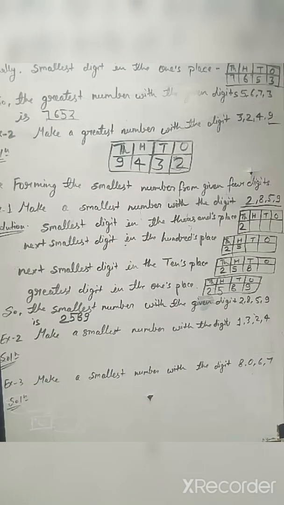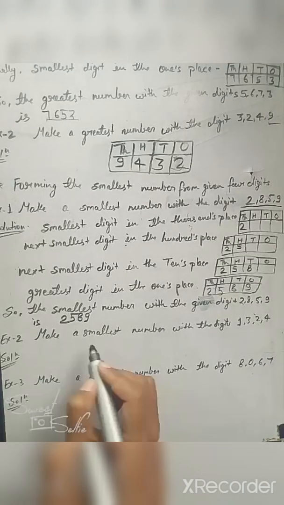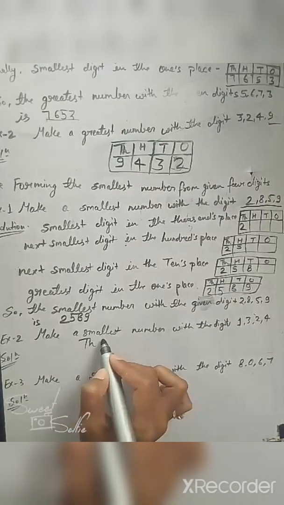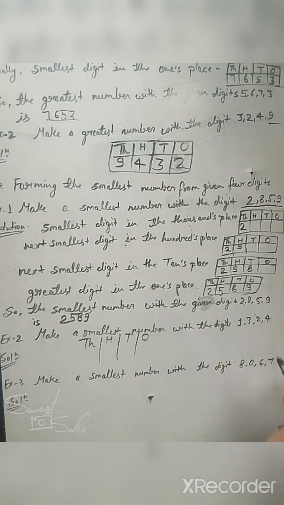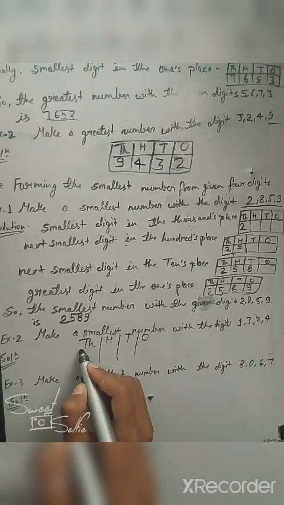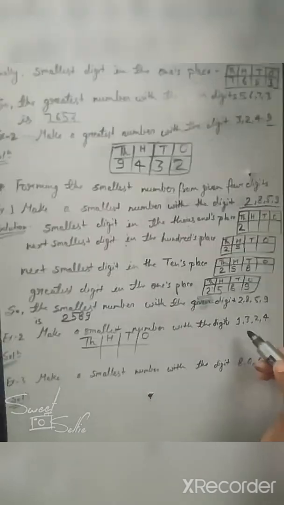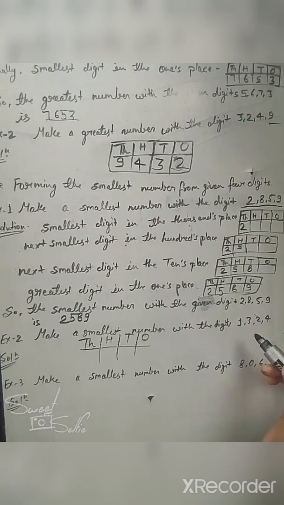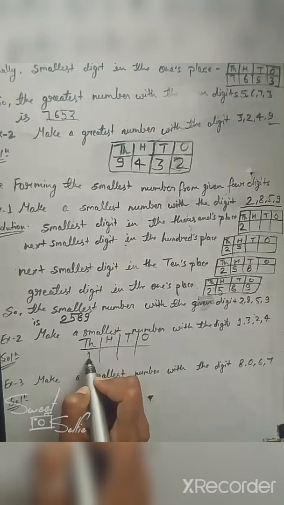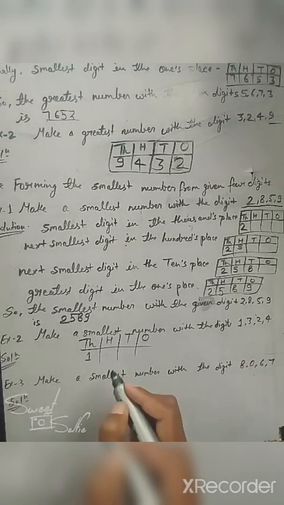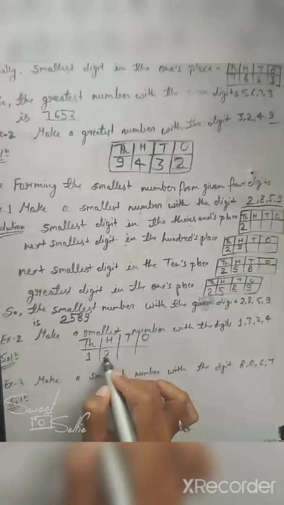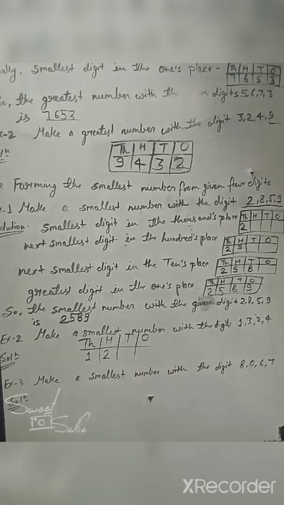Example number 2: make the smallest number with the digits 1324. My dear students, tell me which is the smallest among the digits 1324. This is 1. 1 is the smallest, so we will write 1 at the thousands place. The next smallest is 2, so 2 at the hundreds place.